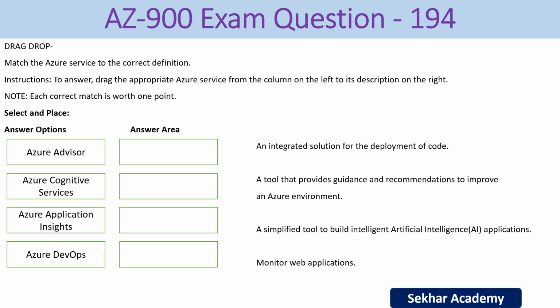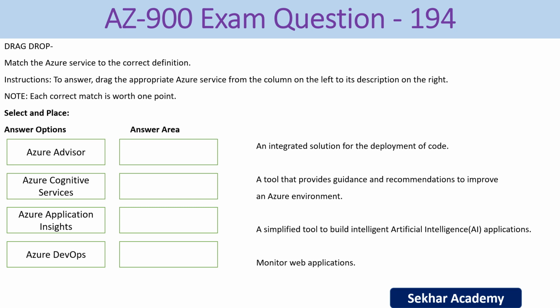So you need to select the right option in the answer area based on the statement. The statements we have: an integrated solution for the deployment of code. The options we have are Azure Advisor, Azure Cognitive Services, Azure Application Insights, and Azure DevOps, right?